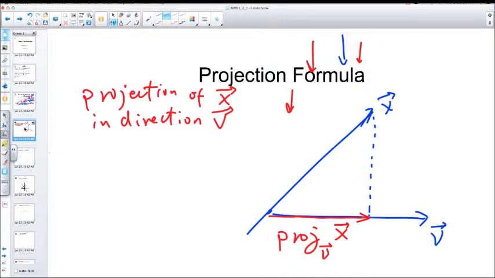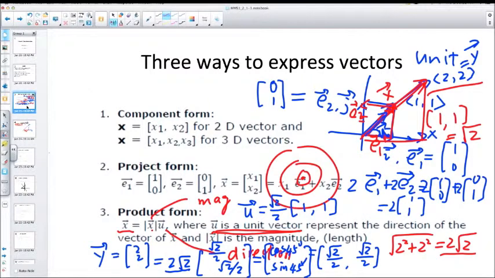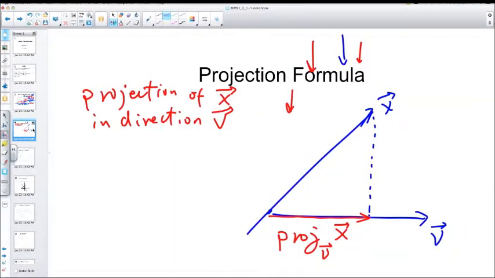If I know the v and know the x, that's the application of what we learned in the dot product. So first, let's get the unit vector of v. The unit vector is v divided by its own length. So let me say this is the unit vector, u. And then I need to figure out the magnitude, the length.